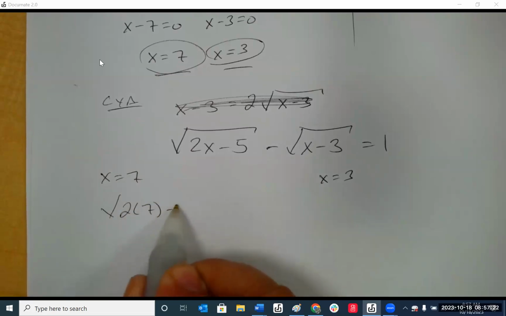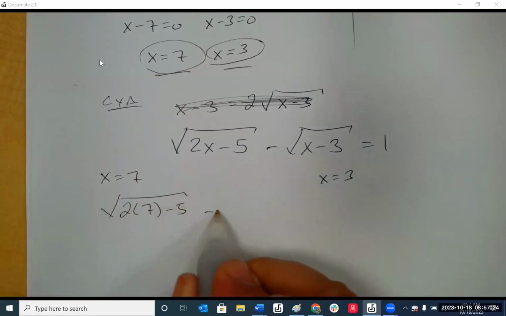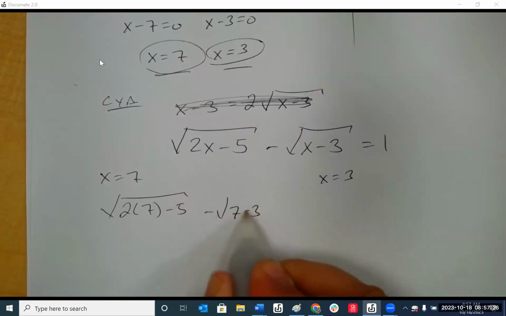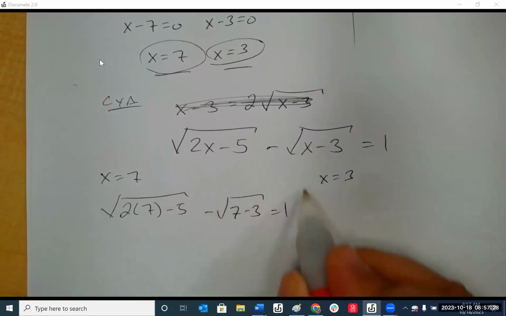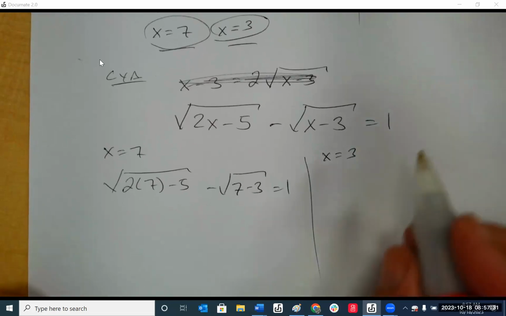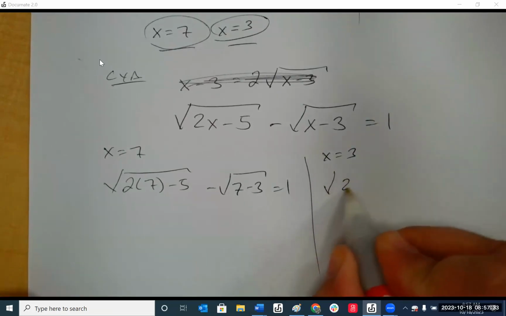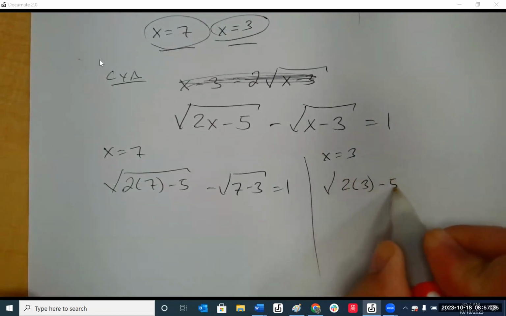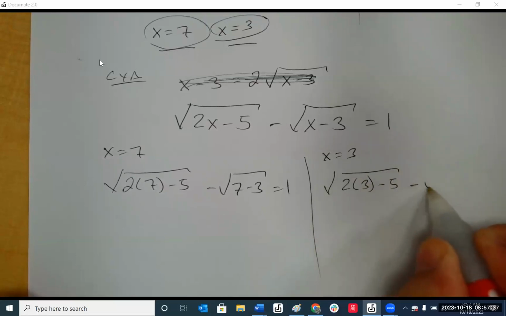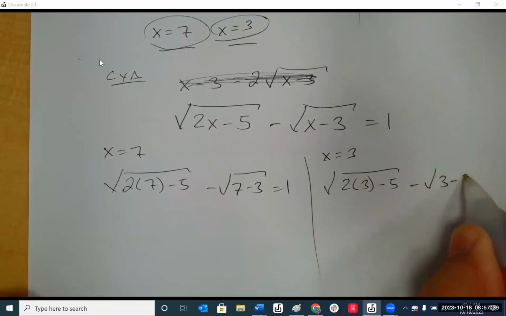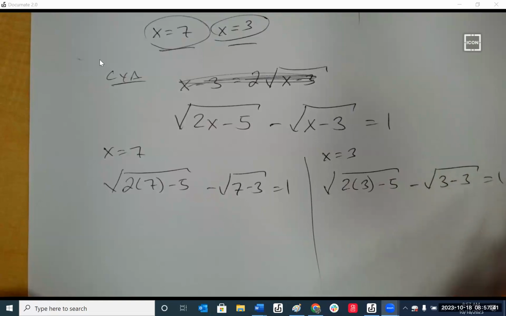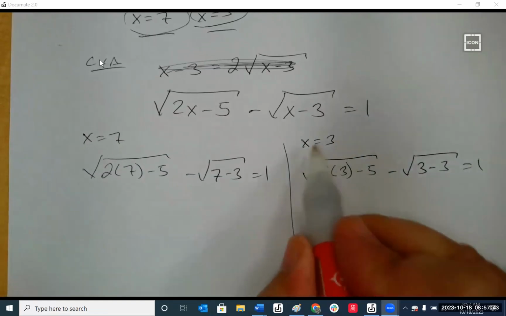2 times 7 minus 5, 7 minus 3 is equal to 1. 2 times 3 minus 5 minus 3 minus 3 equals 1. So we do both of those.